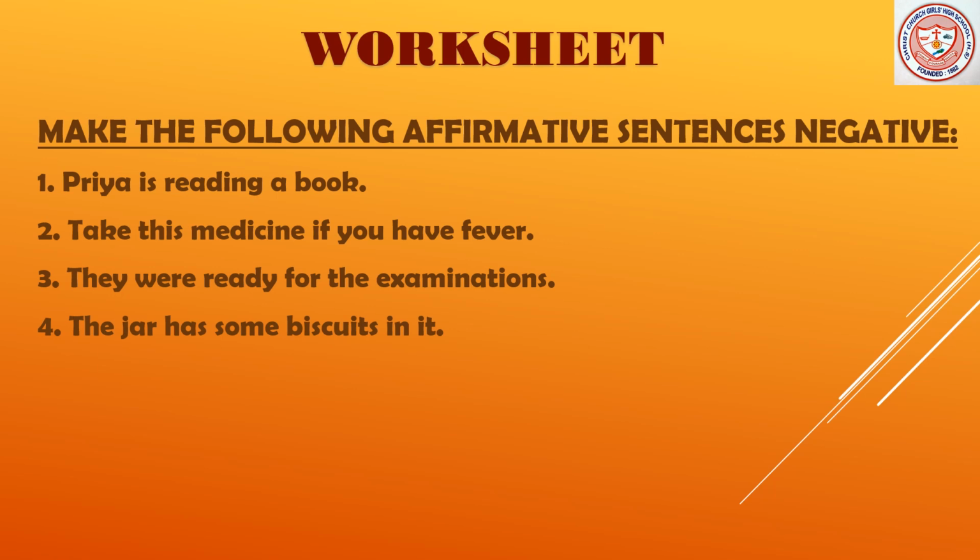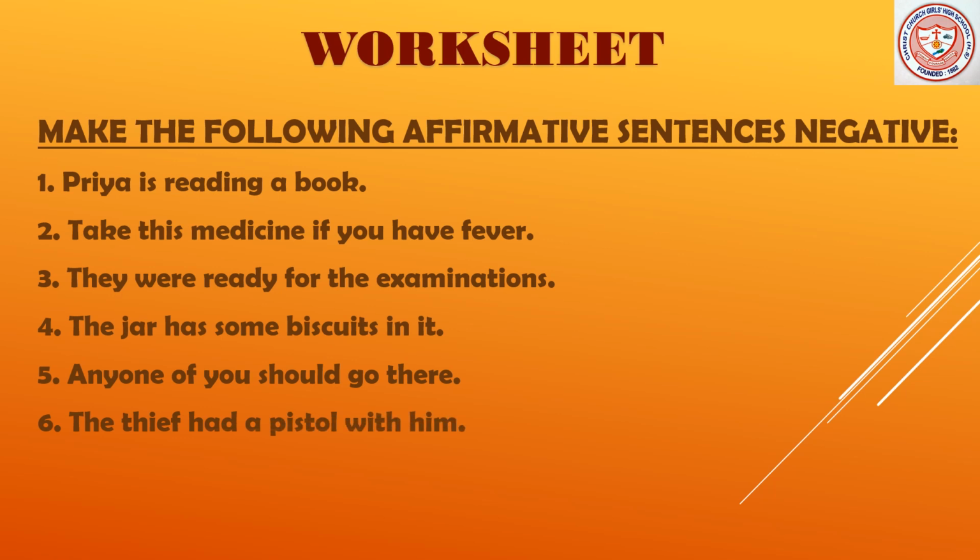The jar has some biscuits in it. Number 5. Any one of you should go there. Number 6. The thief had a pistol with him. Number 7. He can do anything.